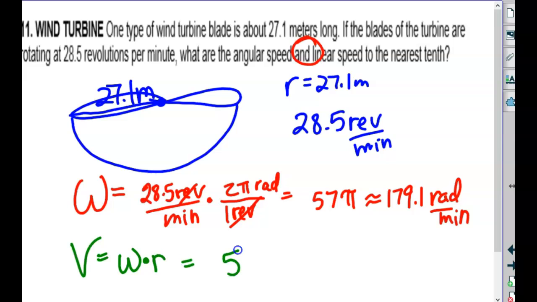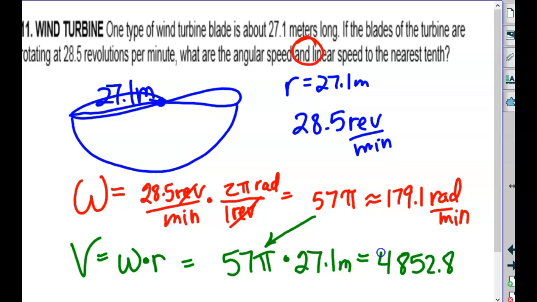So I could put 57 pi was my angular, I'm just keeping it exact, times the radius of 27.1 meters, and I'm done. 57 pi times 27.1 is 4852.8 meters per minute.